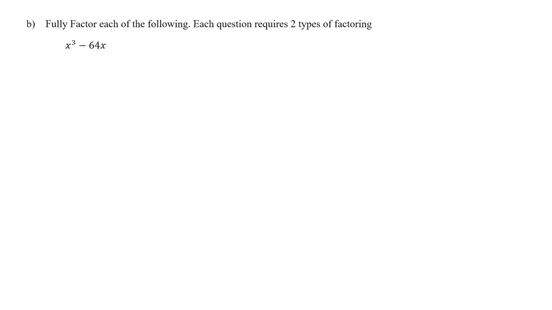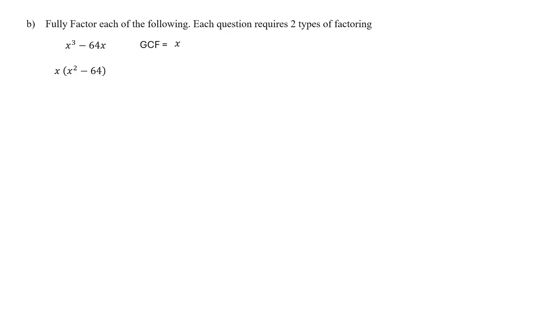Question B, x cubed minus 64x. Well, our greatest common factor here is x. So we'll put that down in front of our brackets. x times (x squared minus 64) is our partially factored form. Now if we look inside the brackets, we can see that we have a difference of squares.